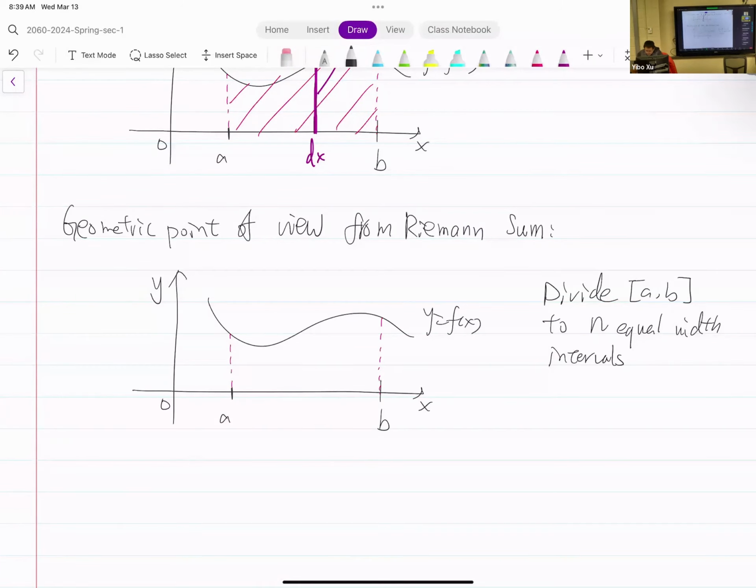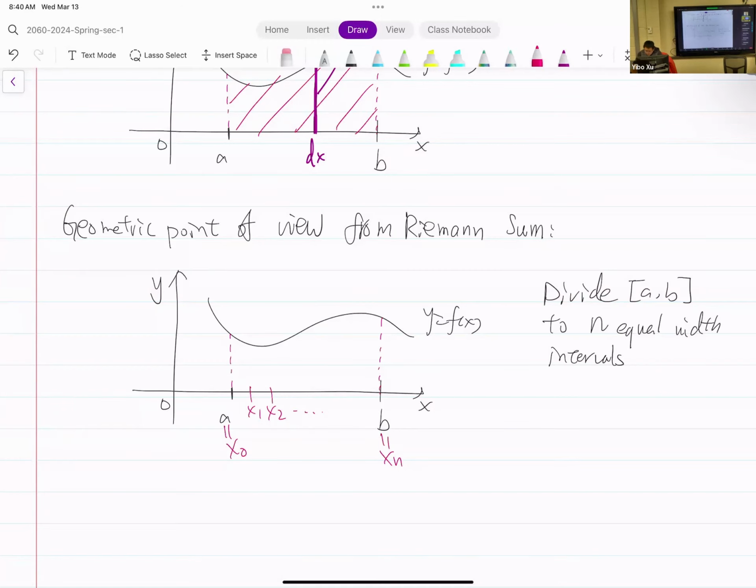So basically, we call the value a on the left-hand point x0, and then we have x1, x2, all the way up. If we are using n pieces, then b is actually xn. So x1 is the right endpoint of the first subinterval, x2 is the right endpoint of the second interval, and xn is the right endpoint of the nth interval, right?